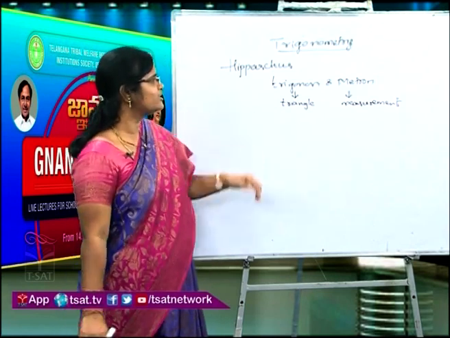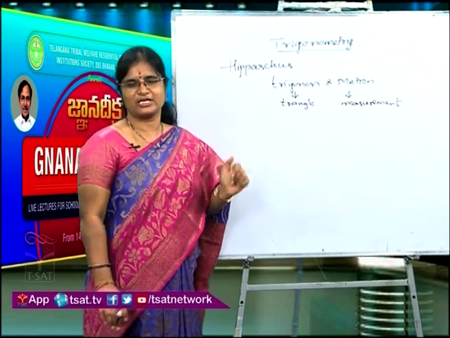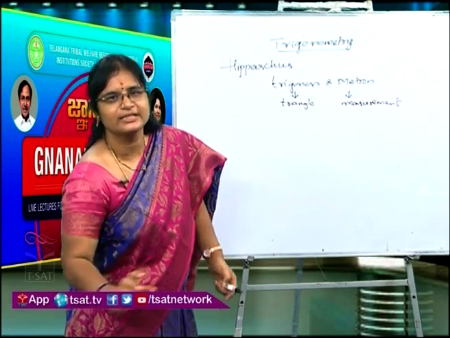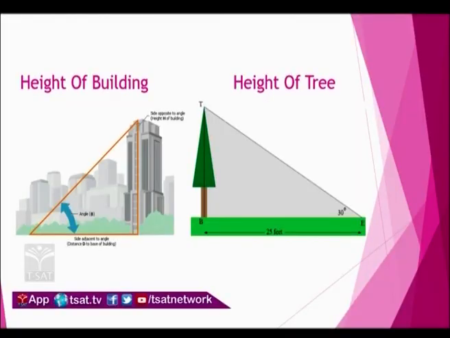Now children, let us see the real life applications of trigonometry. Let us see the first slide. What do we observe? Here the observer is standing at some distance from the bottom of a tree, building, tower or any monument, and is making an angle of elevation of some angle.